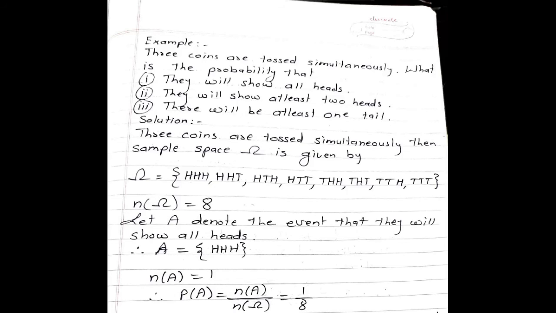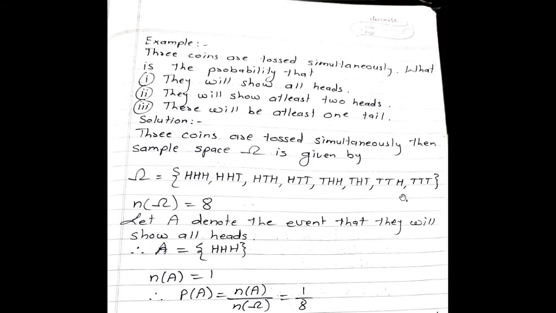3 coins are tossed simultaneously. Then the sample space omega is given by omega is equal to {HHH, HHT, HTH, HTT, THH, THT, TTH and TTT}. So the number of sample points is equal to 8.